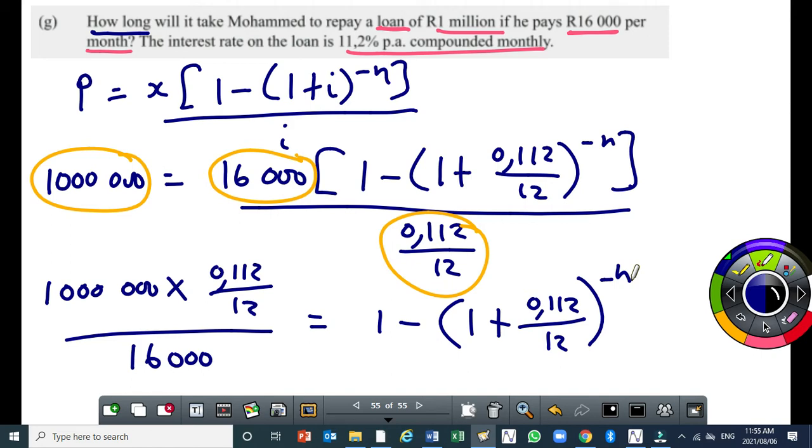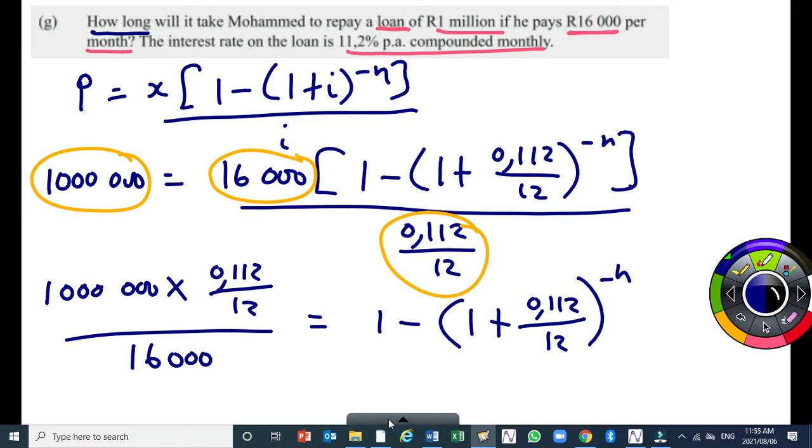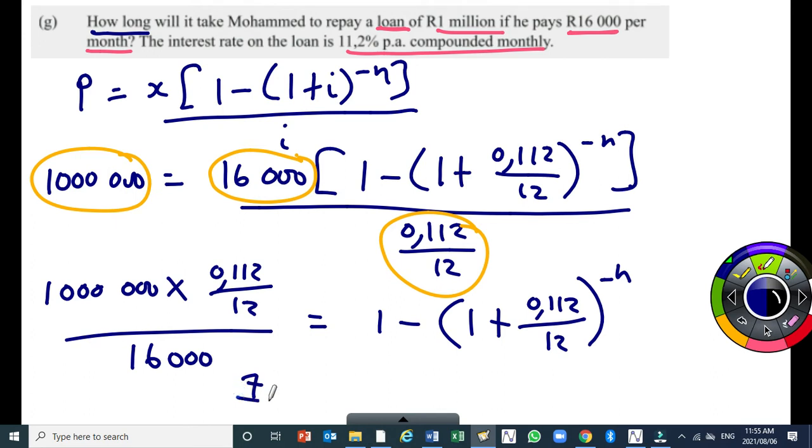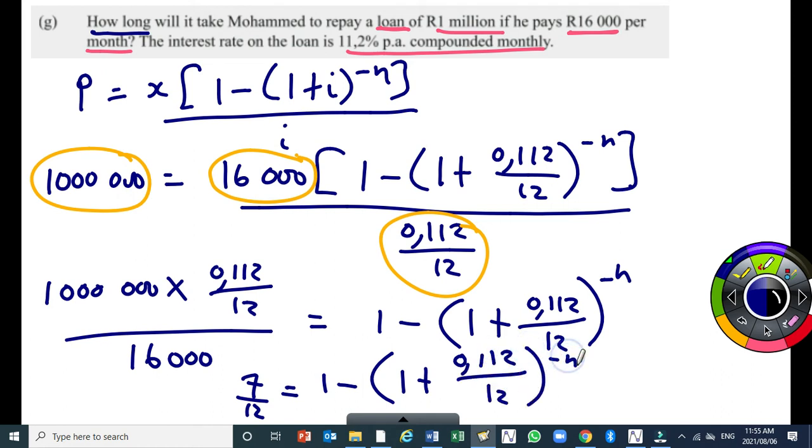We can simplify it to 7 over 12. So we can just write 7 over 12 is equal to 1 minus 1 plus 0.112 over 12, all raised to the power of minus n.